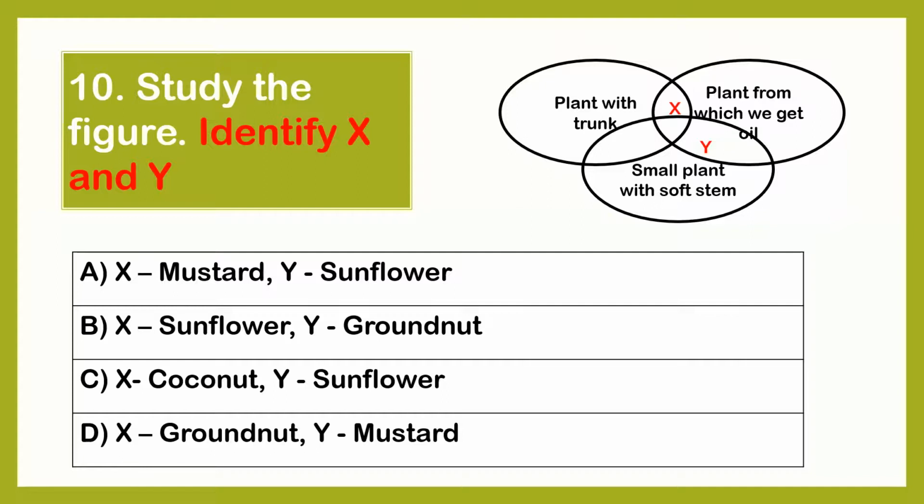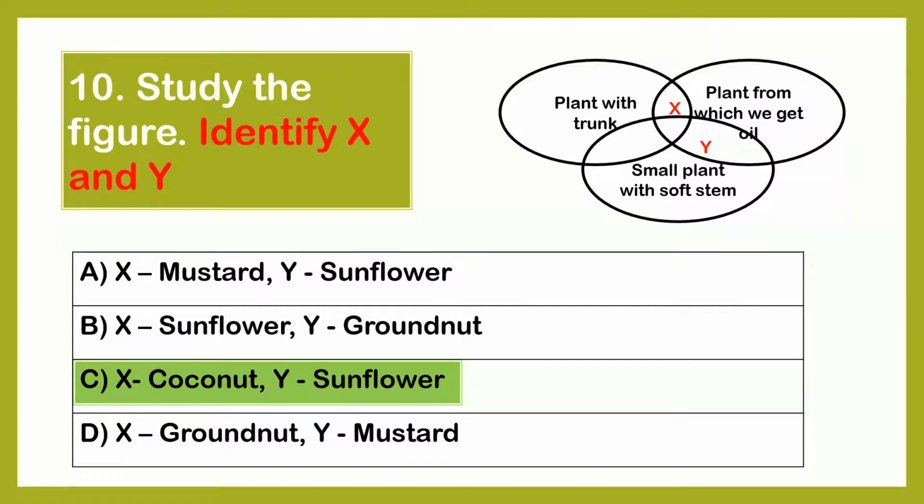We can see from the figure that X is a plant with trunk and it is a plant from which we get oil. And Y is a plant from which we get oil and it is a small plant with soft stem. So the answer is option C, X, coconut, Y, sunflower.